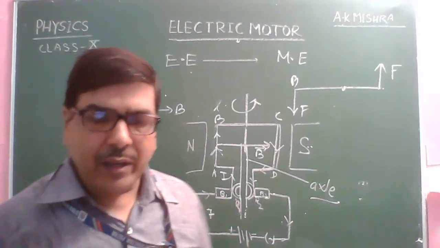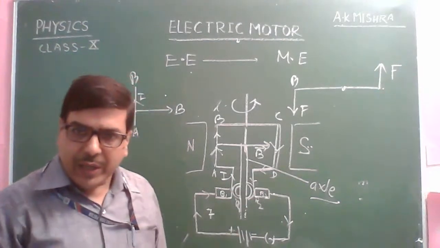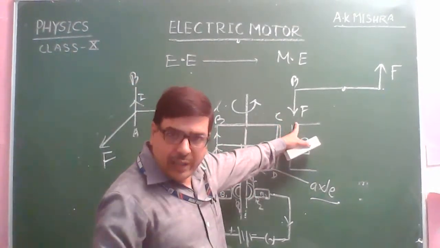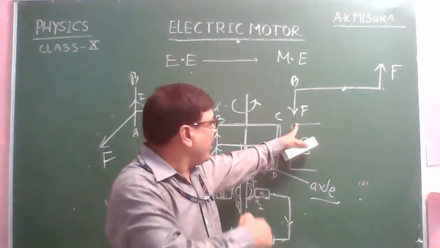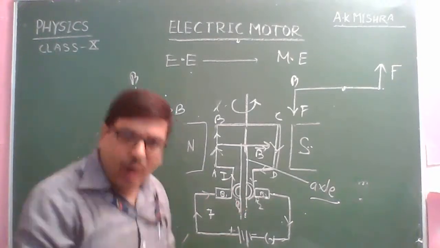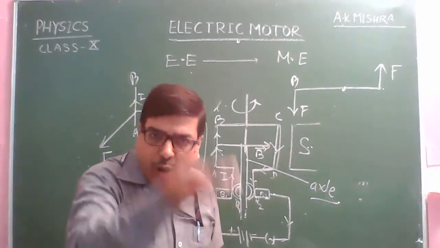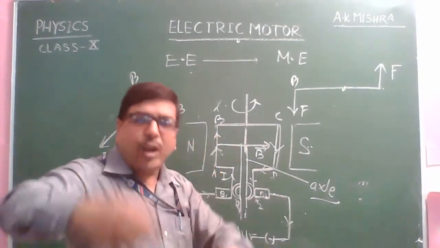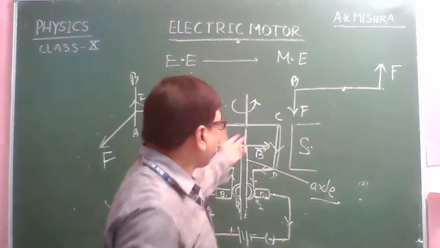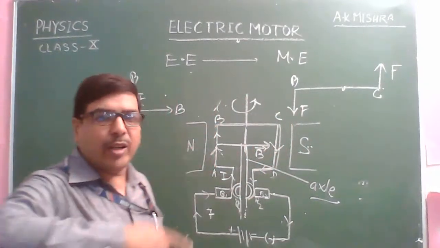When a conductor is placed in a magnetic field perpendicularly, then on the left arm AB it pushes itself down and the right arm CD pushes it upward, and a pair of forces act on this basic part and it rotates anti-clockwise.